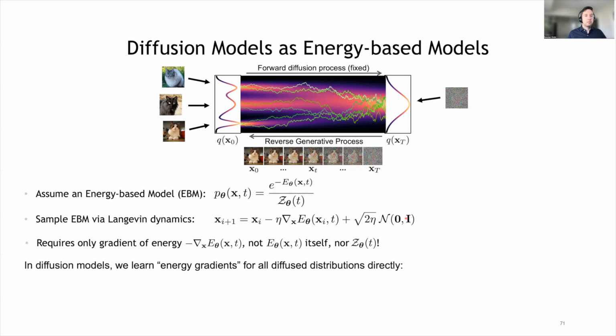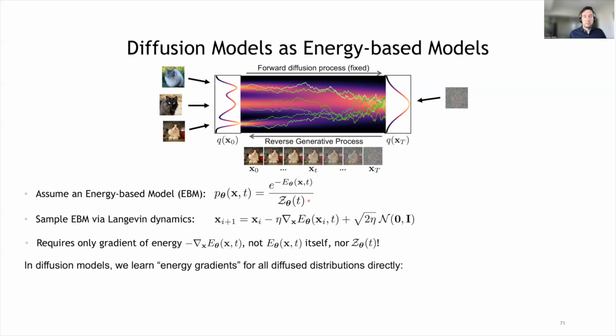So now it turns out that in diffusion models, what we're basically learning is the energy gradients for all these diffused data distributions directly. We are not learning energies, but basically energy gradients. And one thing I want to add is that because in these EBMs we are directly learning these energies, and we have to express the probability distribution while also taking into account this partition function, training energy-based models can actually be really complex.